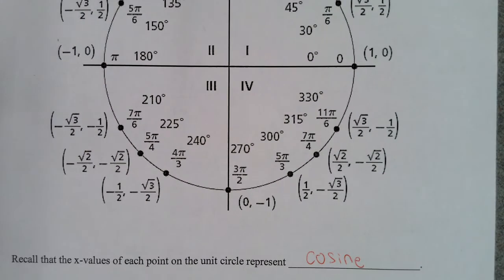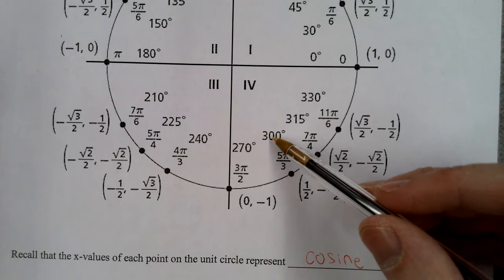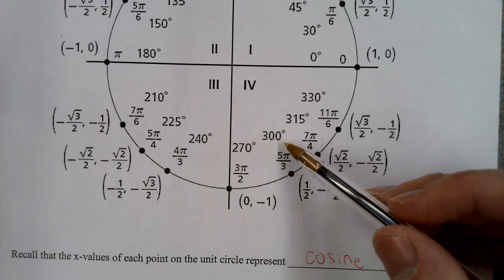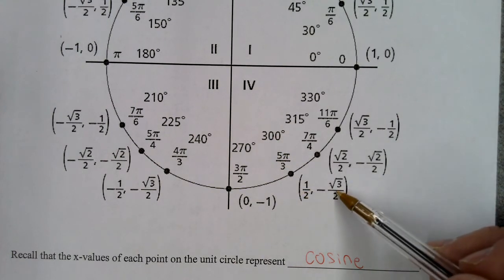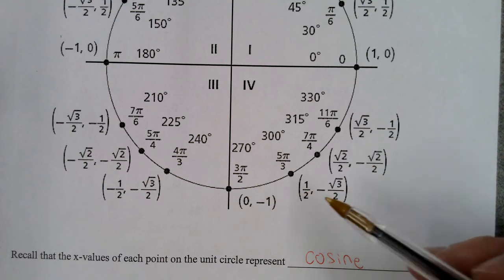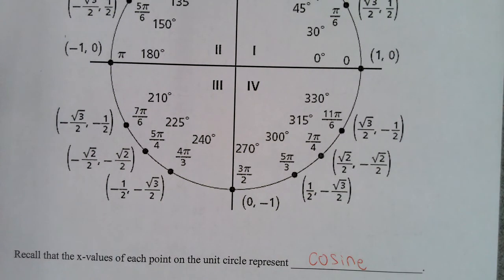Let's look that up on the unit circle. 300 degrees is right there. Tangent is sine over cosine, in other words, y over x. So this over that. Okay. Negative square root of 3 over 2 divided by 1/2.